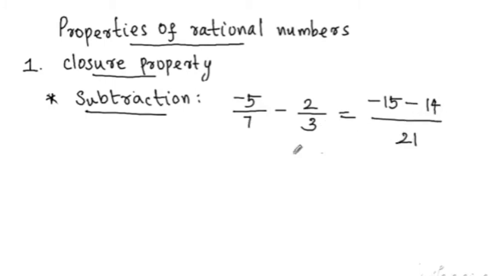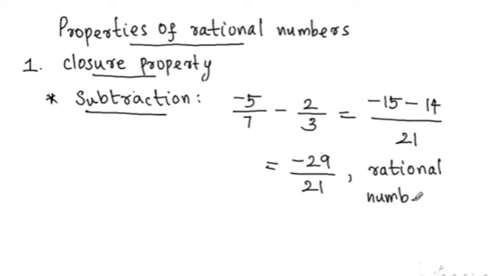In the numerator, you can see both are of the same sign, so you have to add and put the same sign. So you will obtain negative 29 by 21, and it is again a rational number. It is in p by q form with q not equal to 0, and both are integers. Similarly, we can say the rational numbers are closed under the operation subtraction.